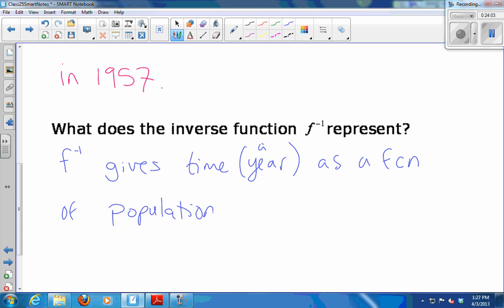So like I said, it's like a reverse lookup. F is the function where you can type in a year and up pops the population, if it was a database on a computer. And F inverse is the reverse lookup, where you can type in a population size, and F inverse tells you what year Greenfield had that population.